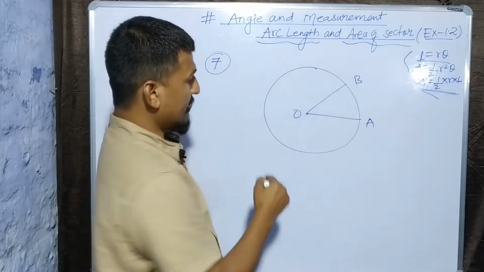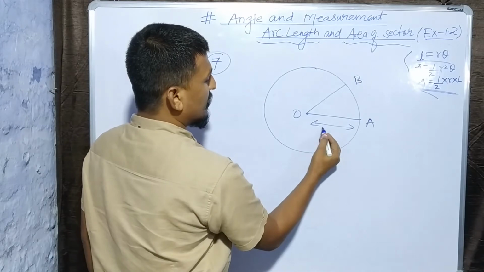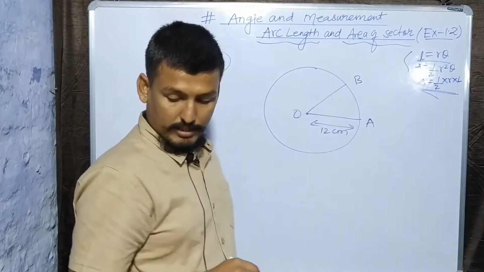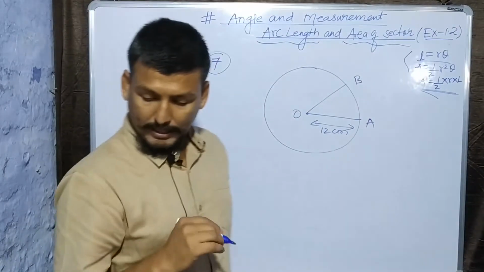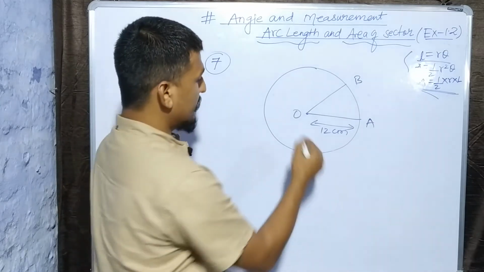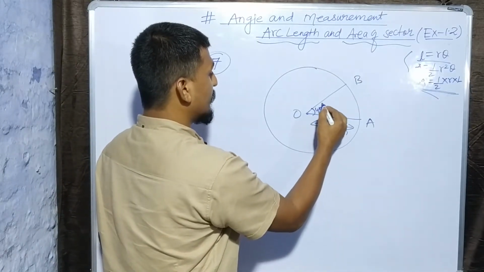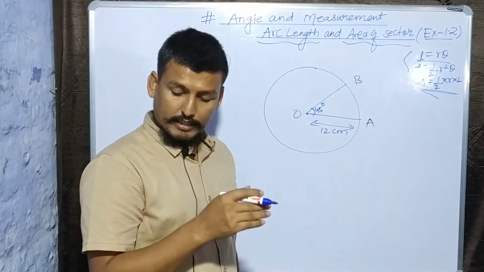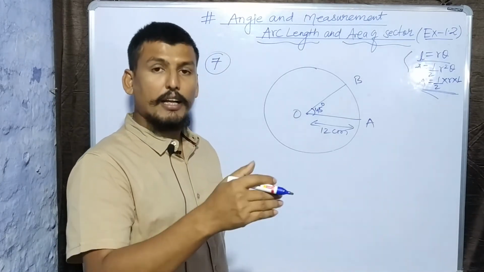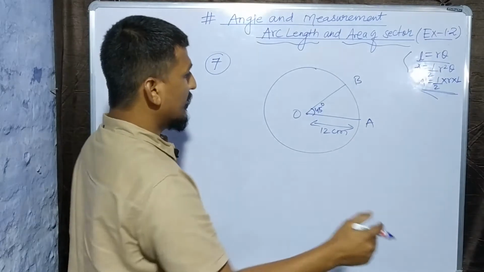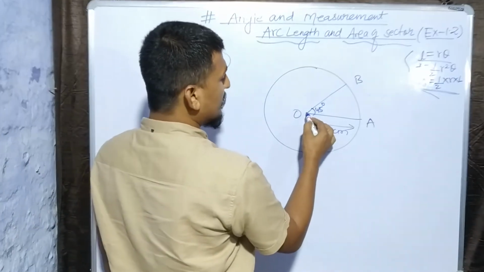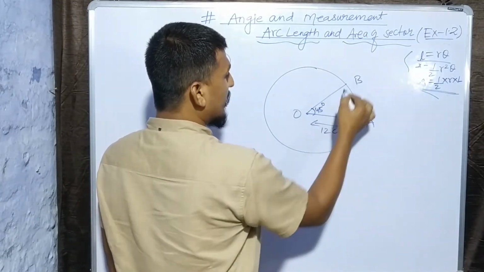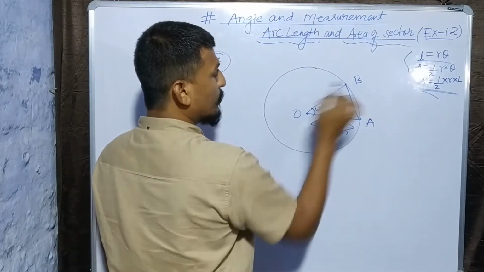And radius 12 centimeter means this distance is 12 centimeter. If angle AOB is 45 degree, find the difference between the area of sector OAB and triangle AOB, right? So we have two things: one is sector OAB and one is triangle AOB.